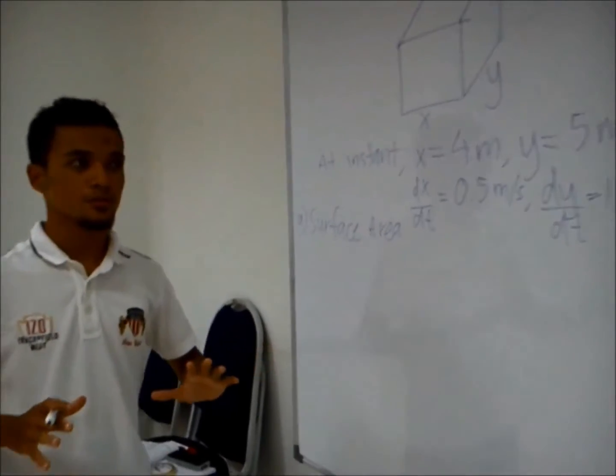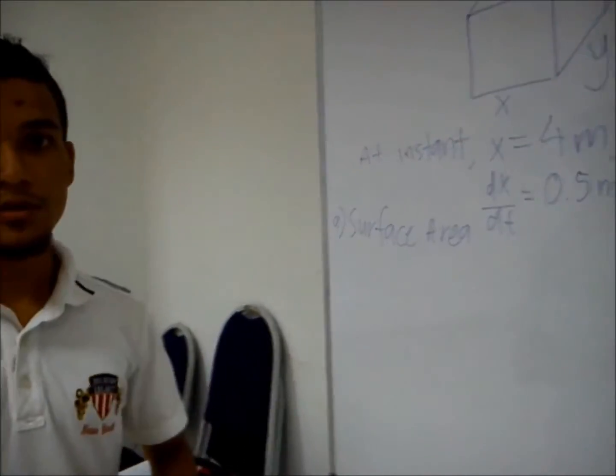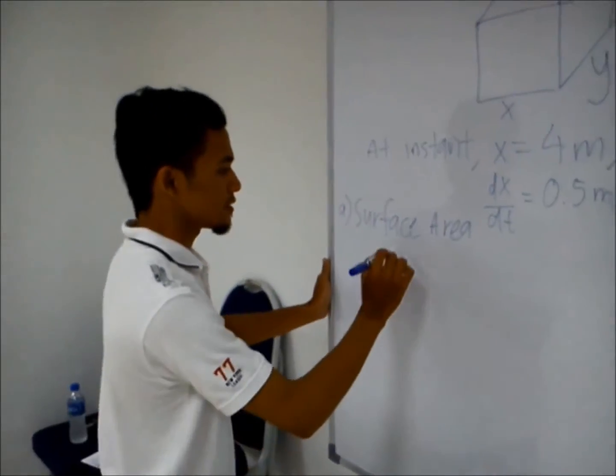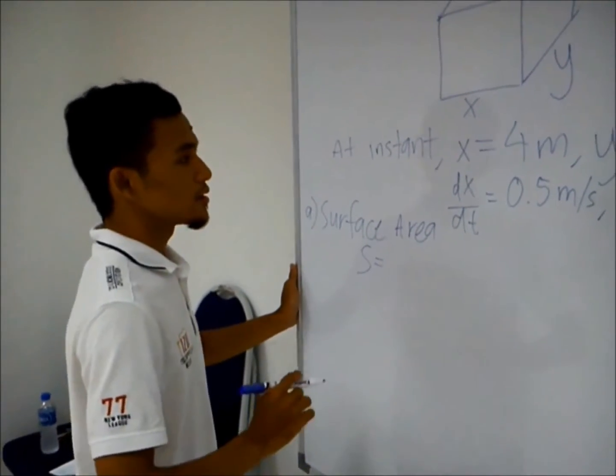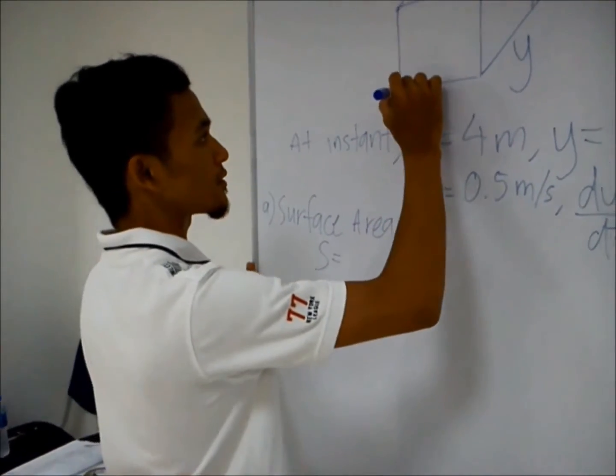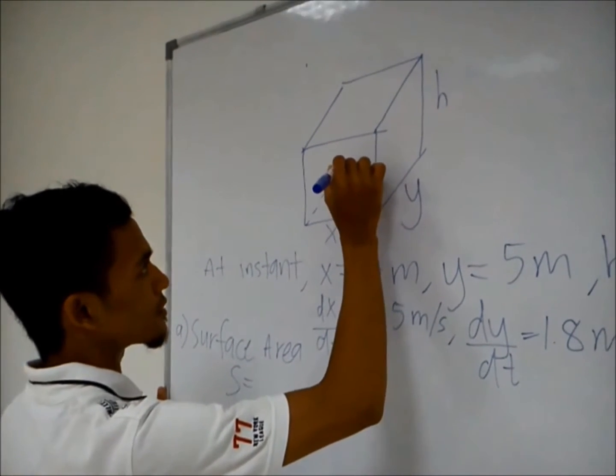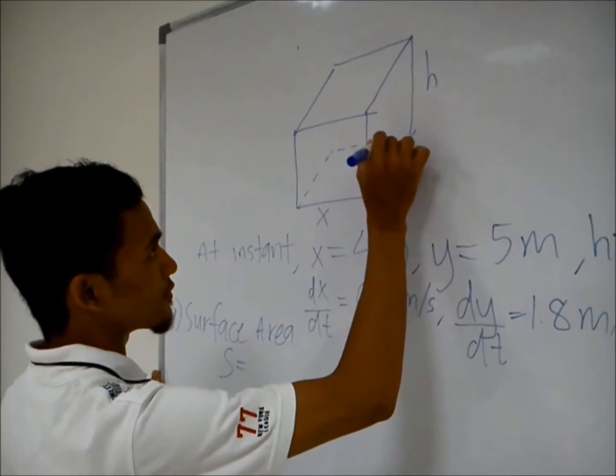Okay, to find the surface area, first we're going to need to write the general equation of the surface area, which is S equals, okay, let's show how I got all of the surface area.